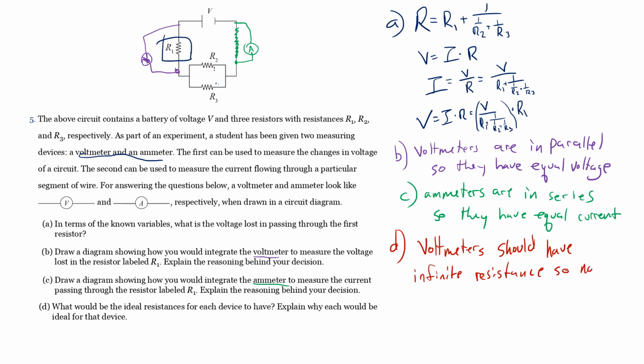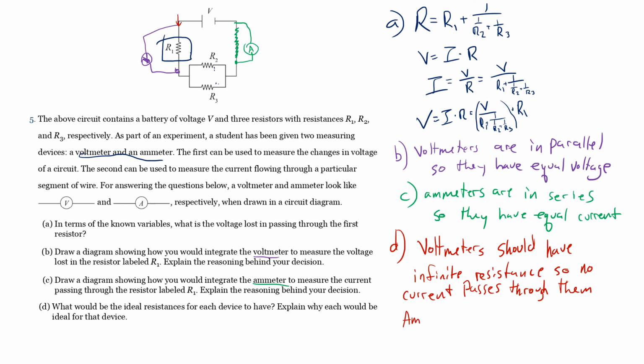So no current passes through them. All right, so thinking about it like this, current's coming in this way, it should all go through the resistor. It shouldn't go through the voltmeter at all.